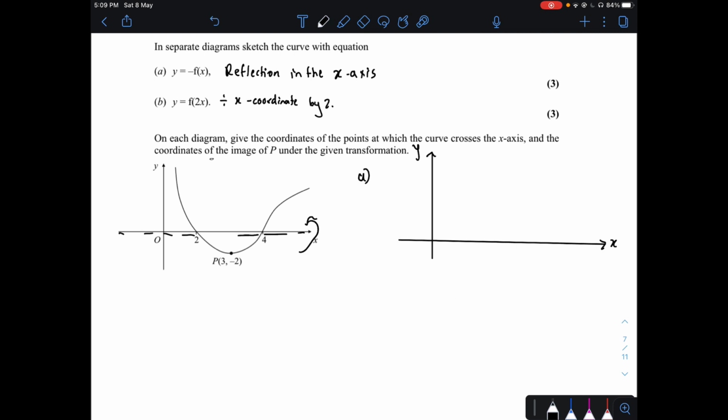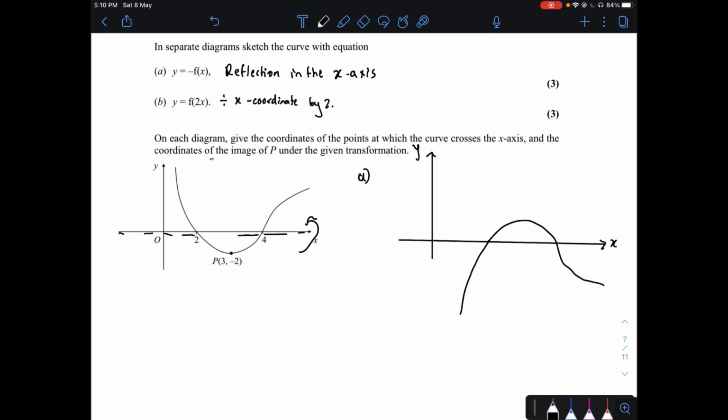Let me try that again. Yeah, all right, that's somewhat what it looks like. We have reflected in the x-axis. The only thing that has changed is the y coordinates. They have flipped.